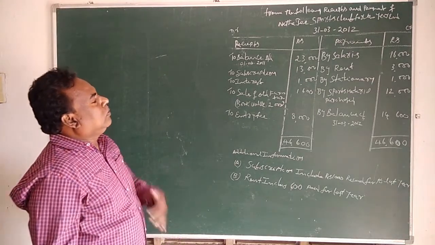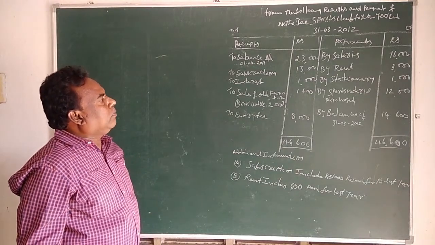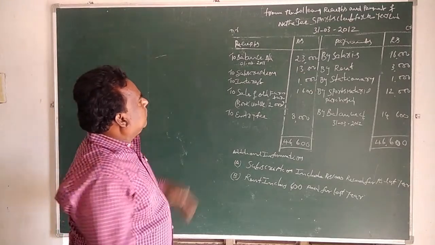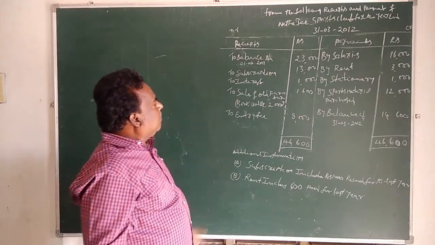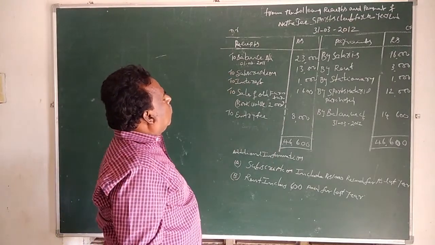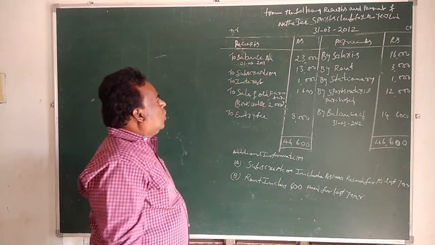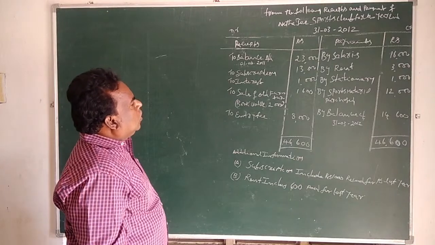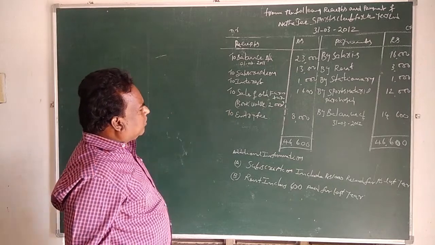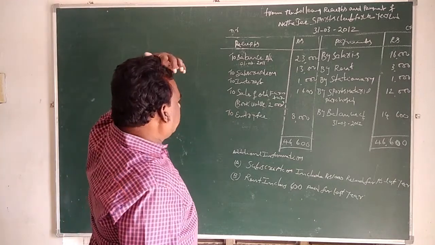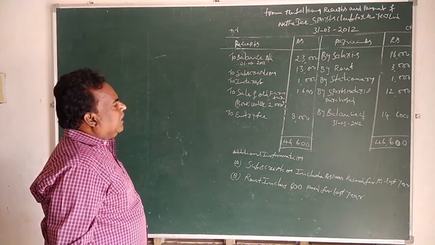These are the receipts of the non-profit organization, debit side: to balance brought down on 1st April 2011 23,000, to subscriptions 13,000, to interest 1,000, to sale of furniture 1,600, book value 2,000, entry fee 8,000.